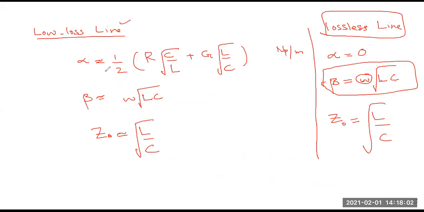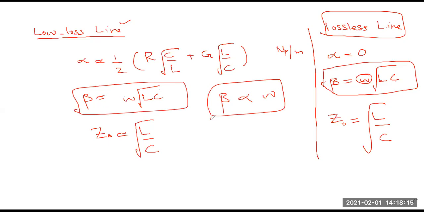Similarly, for low-loss lines, the phase constant is also approximately equal to omega times the square root of LC. So again, beta is a linear function of omega, so the low-loss line is also a distortionless line.